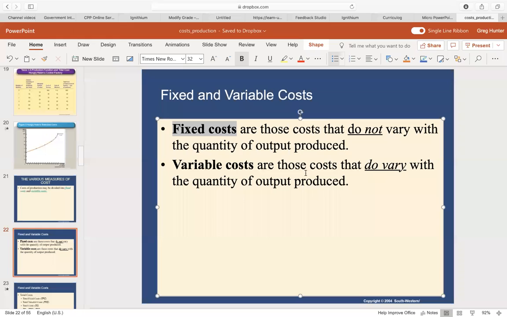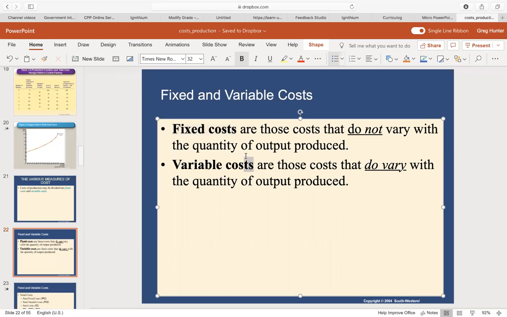So if you're trying to think of fixed costs, think of things like rent. Also, another good fixed cost is insurance, right? Almost all companies have to pay for insurance for their equipment, or in case of a fire that's going to burn down their factory. And again, regardless of whether they produce 1 unit of output or 100 units of output, their insurance costs are the same.